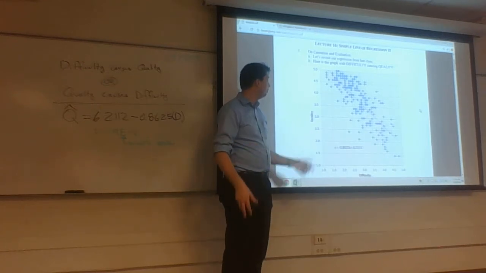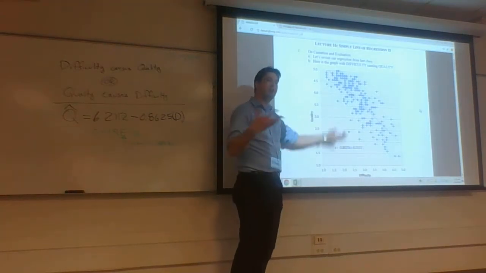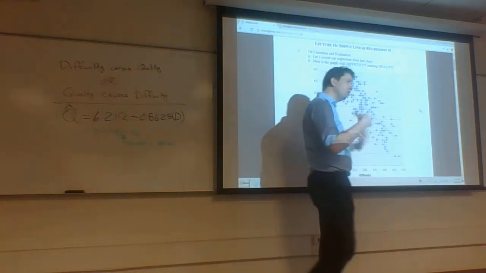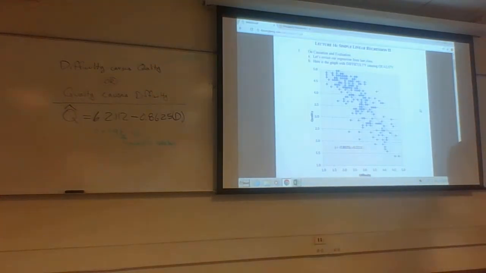There's also this issue that if you started making rules based on this and the residual, you might have some unintended consequences. So that's why I'm not necessarily sending this to administration and saying this is how we should be evaluated: look at our professor, put in the difficulty, see what our quality is, and people with high residuals are really great and people with bad residuals should be fired.